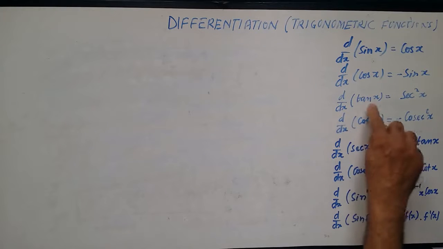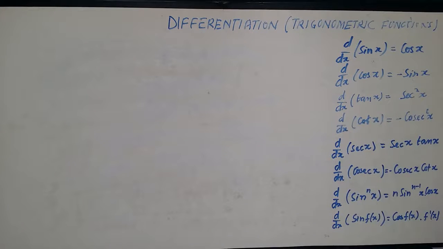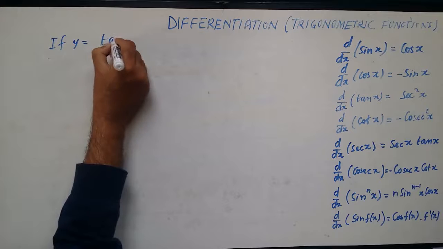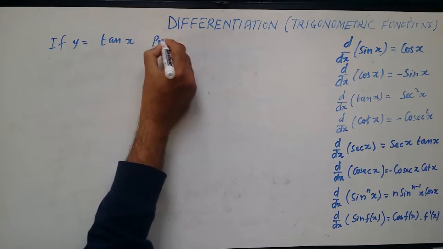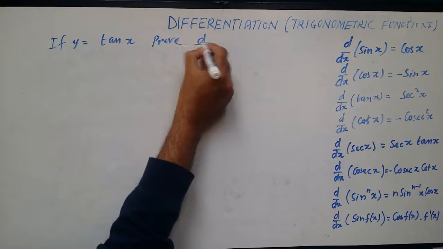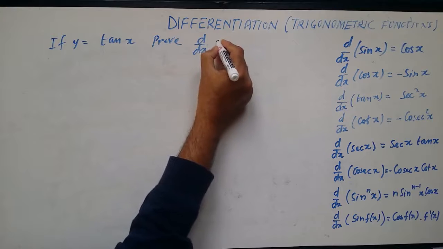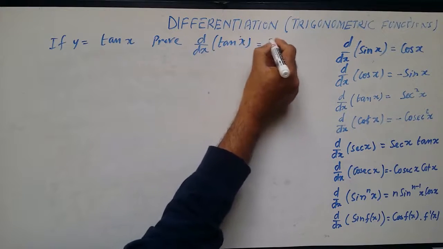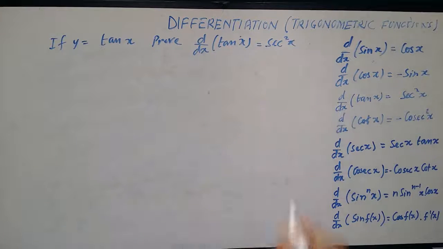Here differential of tan x is sec square x. Let's prove this one. So let's say y is equal to tan x, and we want to prove d/dx of tan x is equal to sec square x.